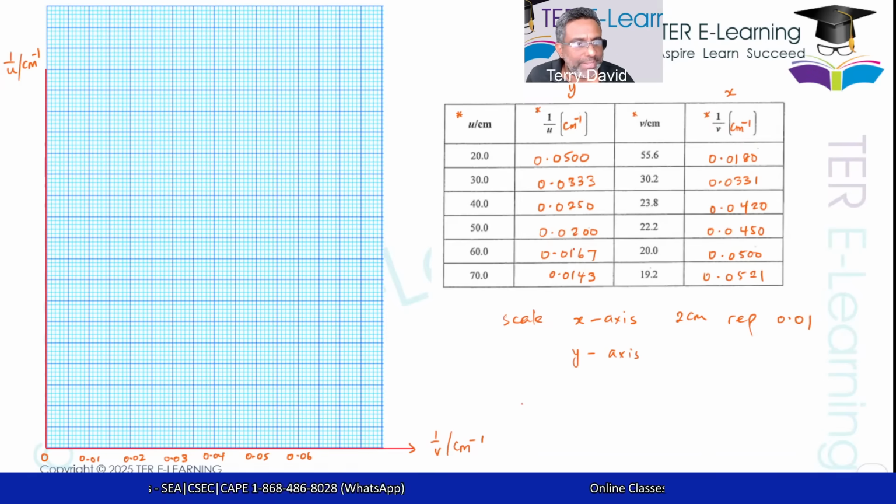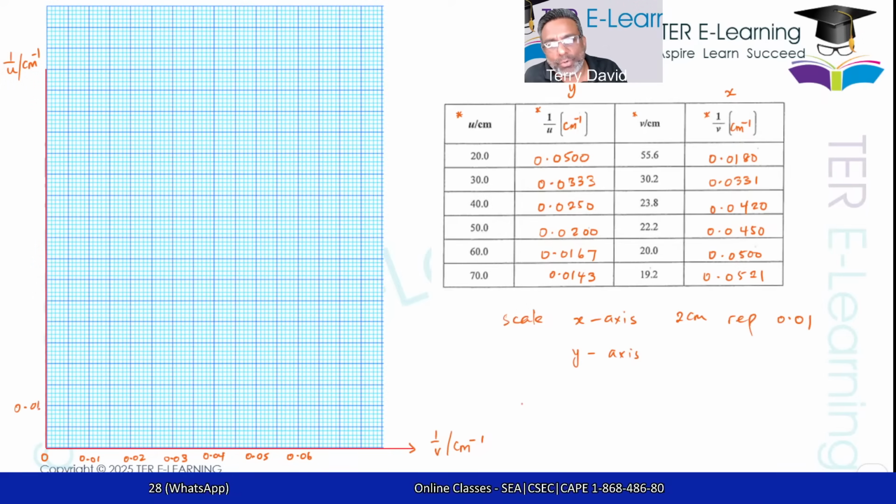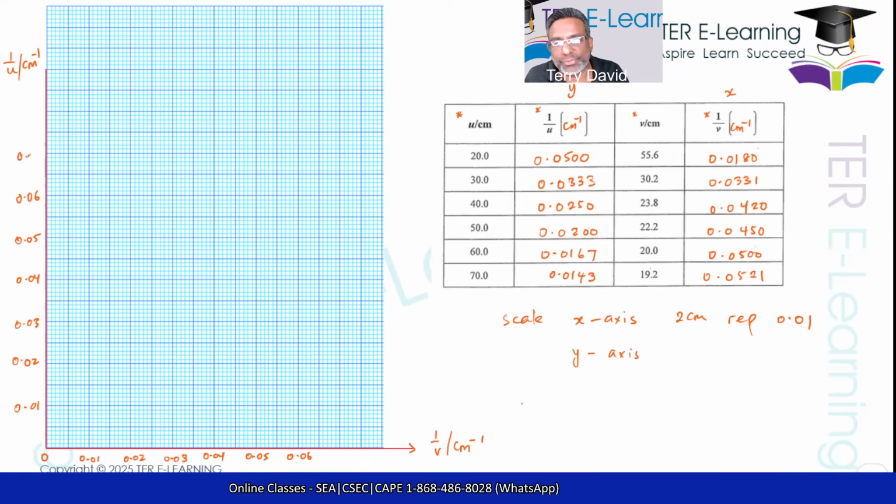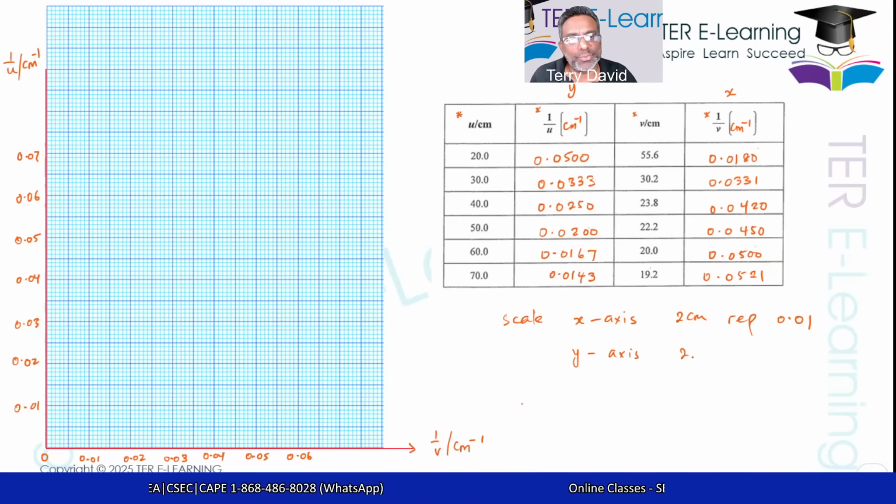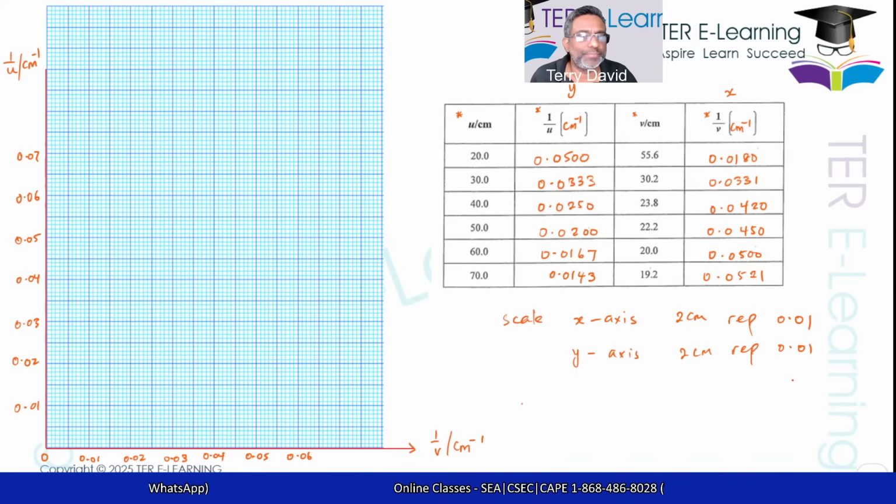For the y-axis, based on the numbers that we have here, we can use the exact same scale. So this is going to be 0.01, 0.02, 0.03, 0.04, 0.05, 0.06, and how far do we go down? We could probably stop right here, but 0.07. So on the x-axis and the y-axis, we're using the exact same scale, 2 cm to represent 0.01.